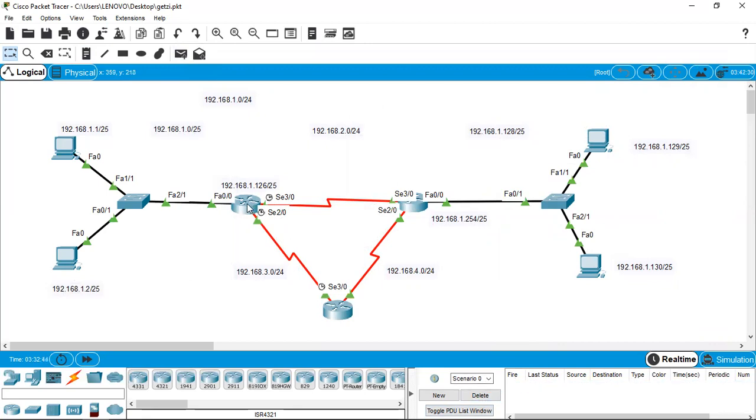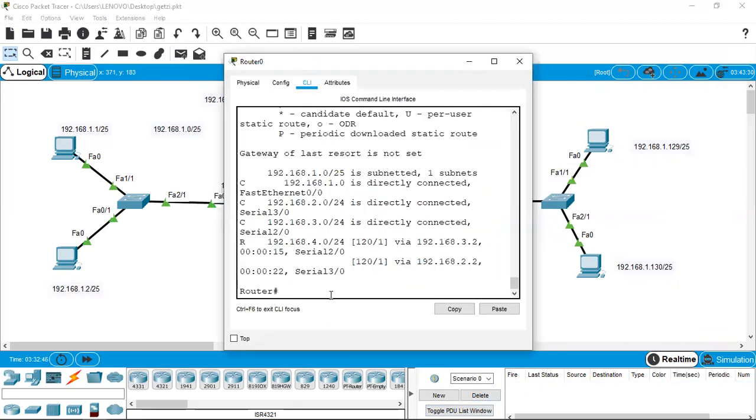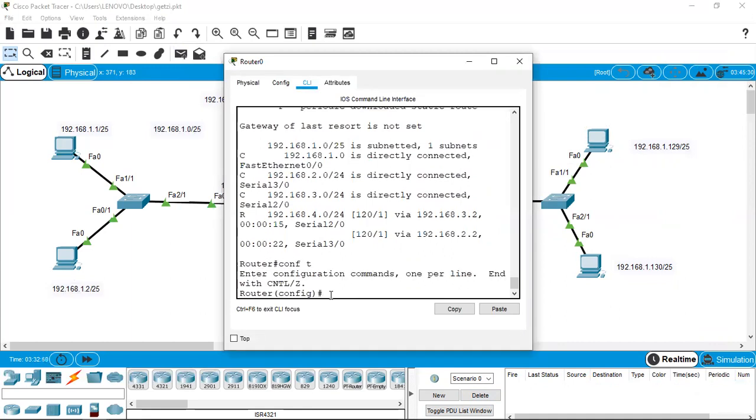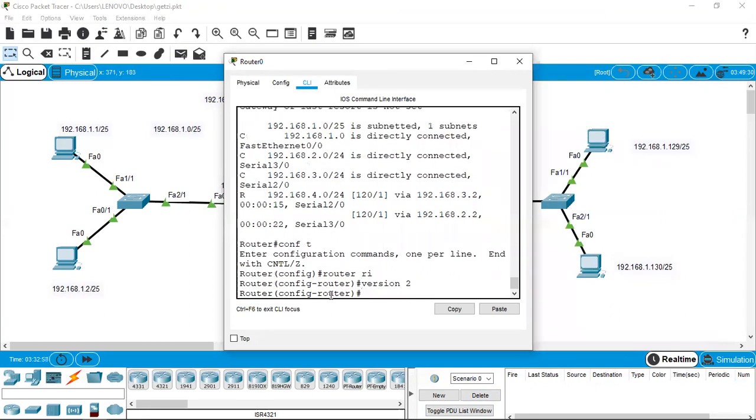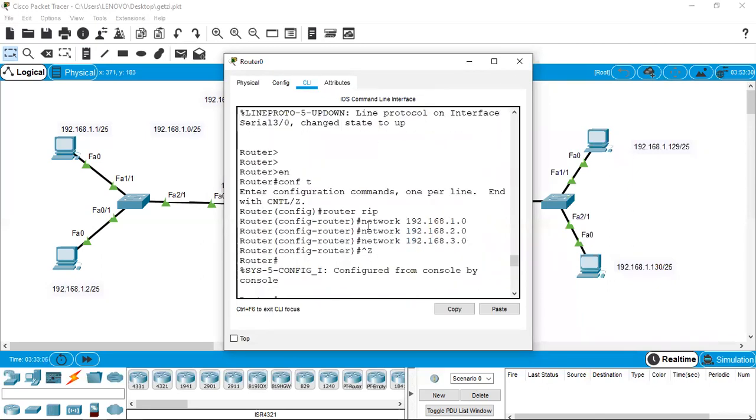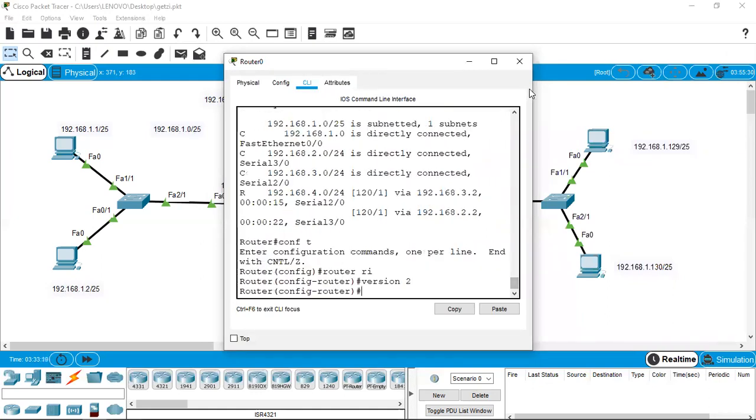So how can you solve it? This can be solved by using version 2. How can I configure version 2? Config t, router rip. All you need to do is say version 2. That's it. You only add this line, version 2, and all the other configurations are similar to your RIP version 1 configuration. All your network commands have to follow if you configure RIP version 2 directly.